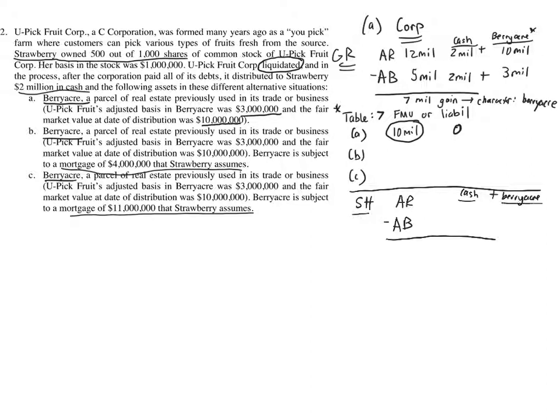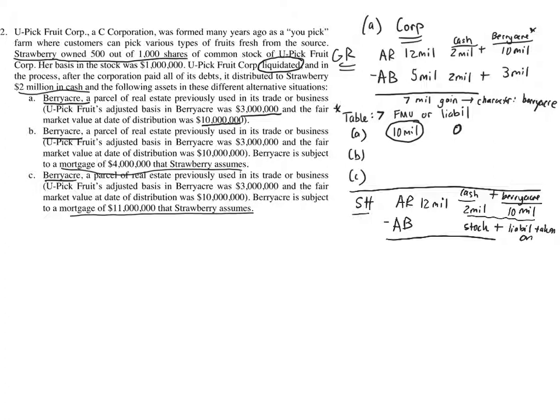So we add them together. Cash amount is 2 mil. Berryacre has a value of 10 mil. Amount realized is $12 million. Minus the adjusted basis of the stock plus any liabilities taken on.